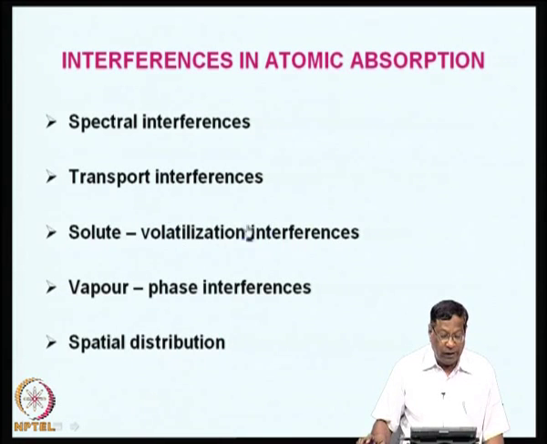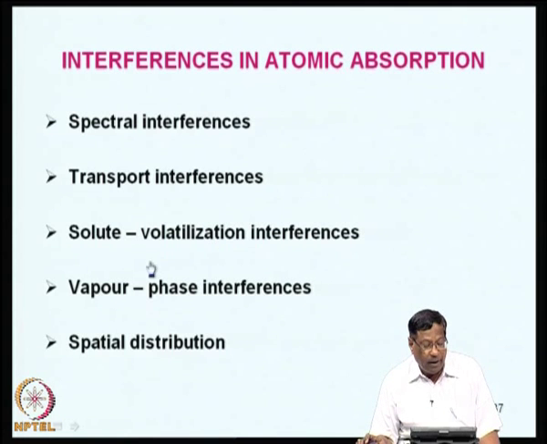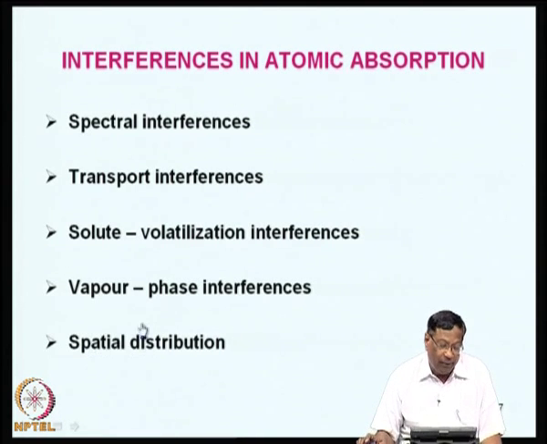These are termed volatilization interferences. Then you can have vapor phase interferences, where the chemical species present in the flame can attenuate the signal, and then spatial distribution, that is the height at which you observe the signal, can also attenuate the signal to a considerable extent.